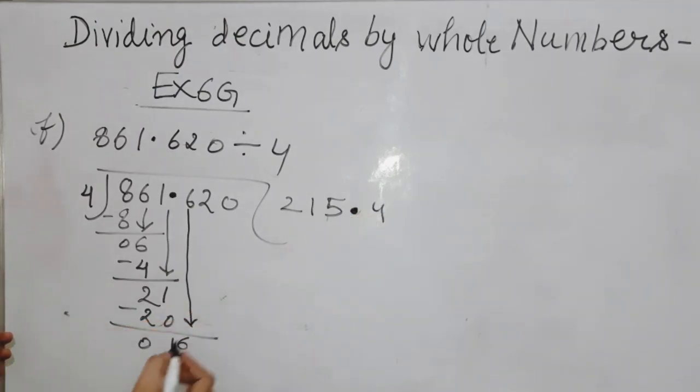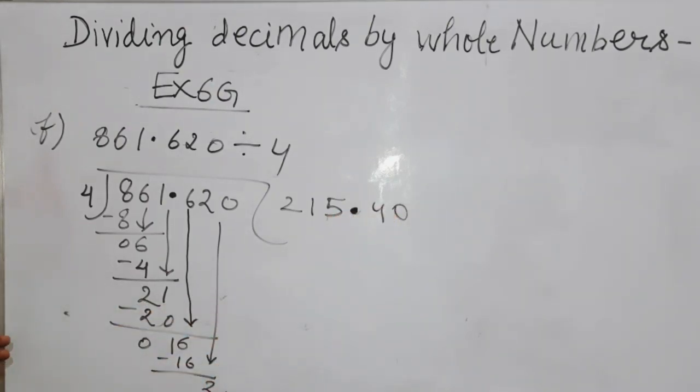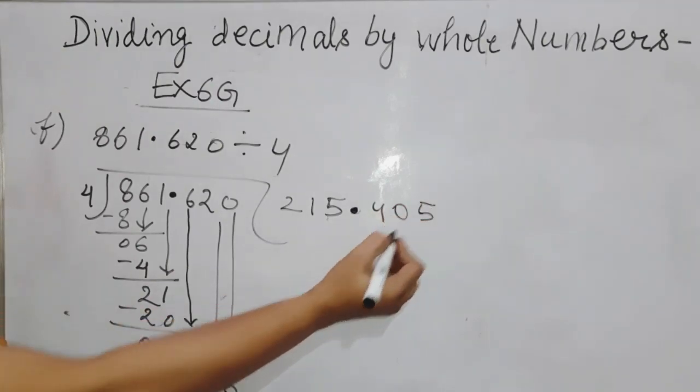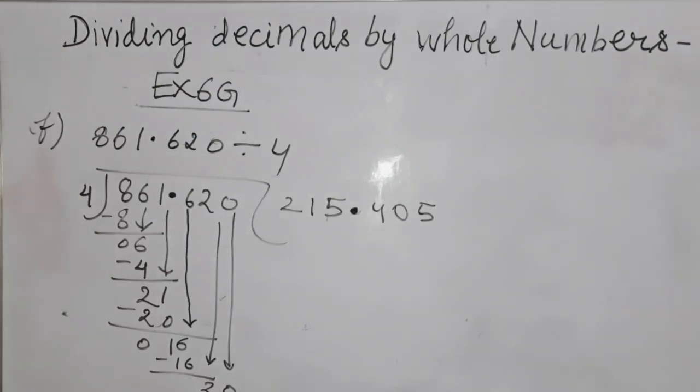So 4 4s are 16. Again 2 will be dropped down. 4 zeros are 0. 0 will be dropped down. 4 5s are 20. So the final answer of this question is 215.405.